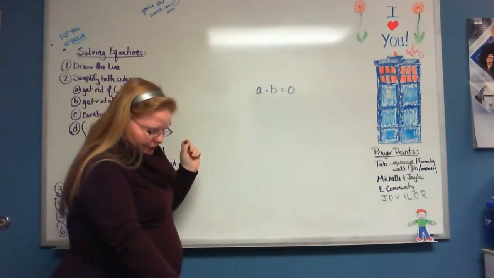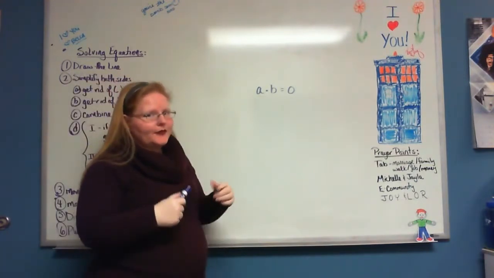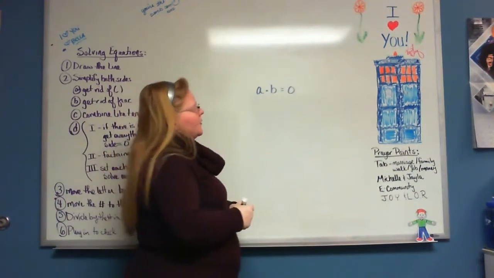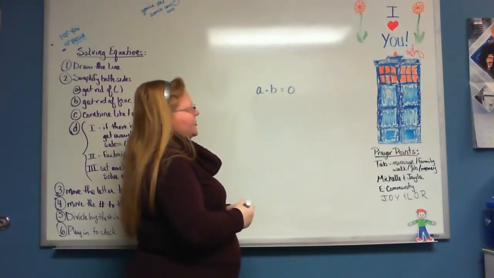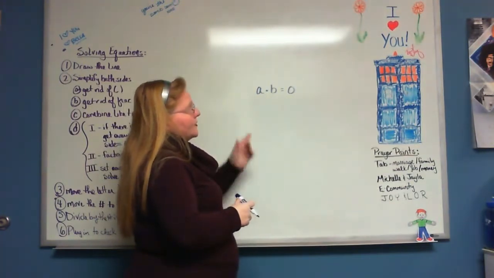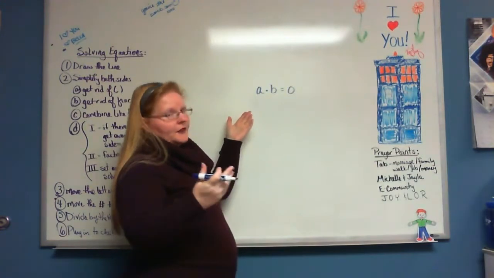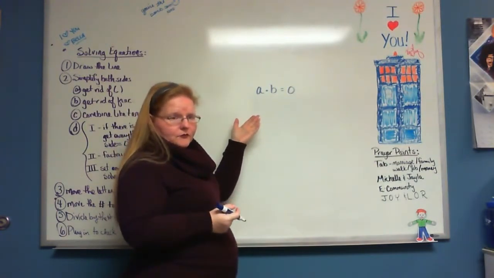Now, I know you're thinking to yourself, gosh, that seems pretty simple. A times B equals 0. Can't get much more complicated. Well, here's my question. If I were to tell you that A was a number like 2, you would have to tell me that B was what number?